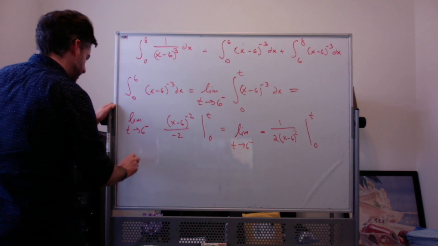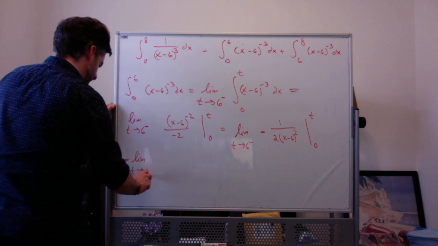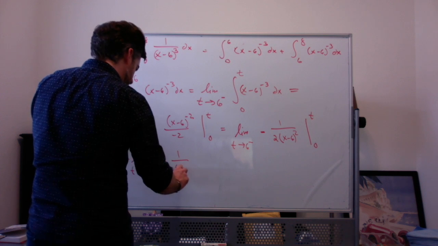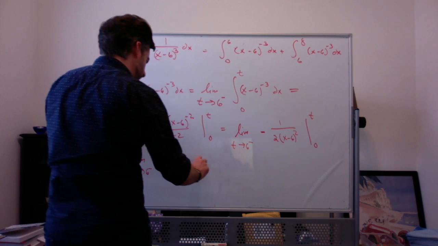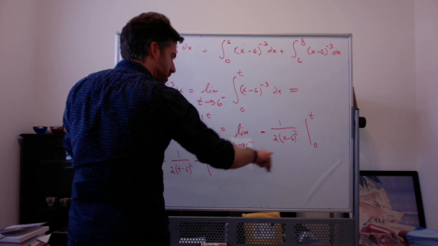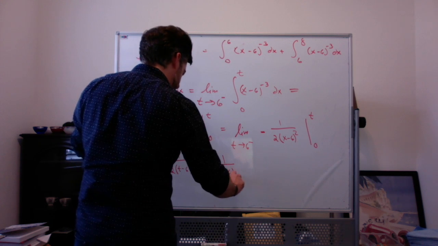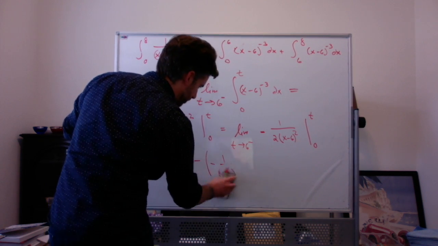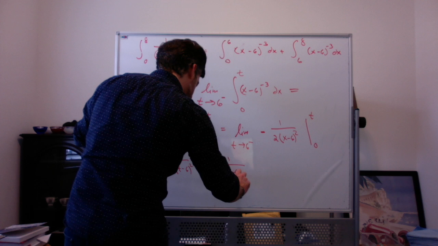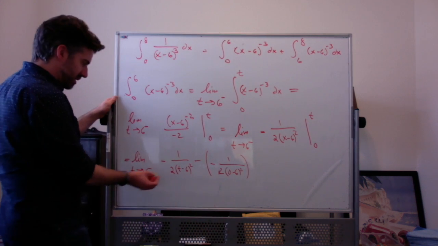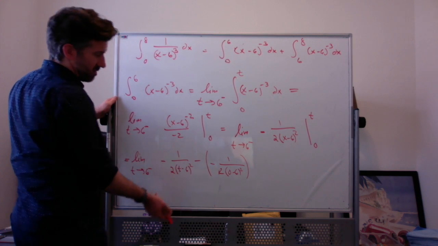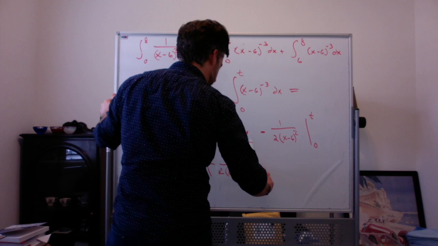So then we're going to plug in the limits of integration, because the limit is t goes to 6 from the left, of negative 1 over 2 times (t minus 6) squared, minus negative 1 over 2 times (0 minus 6) squared. Now I can see that when I plug in 6 for t, I get 6 minus 6, which is 0. 0 squared is 0, but 1 over 0 is undefined.